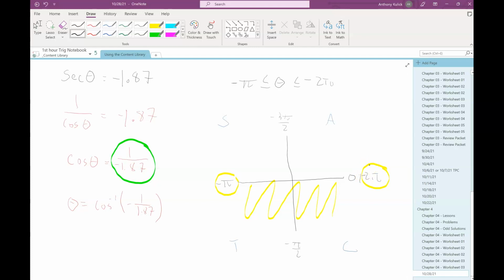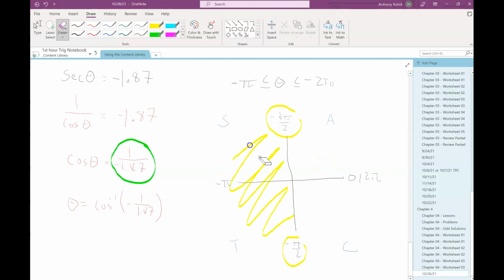That's better. And where is cosine negative? In the third quadrant. Oh my goodness, guys. Okay. If I made a big enough mess out of this, it's not the third quadrant because I did the wrong thing here. Let me just get this squared away. I'm just going to start all the way over again because I've made enough of a mess out of this.